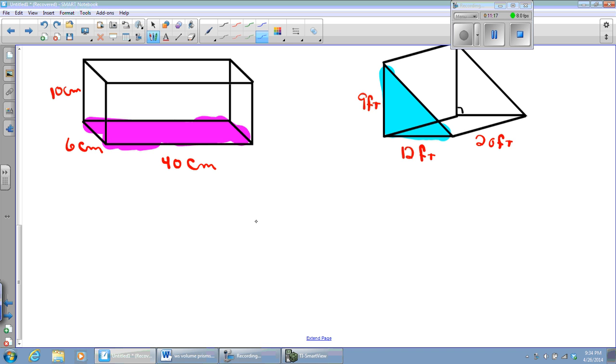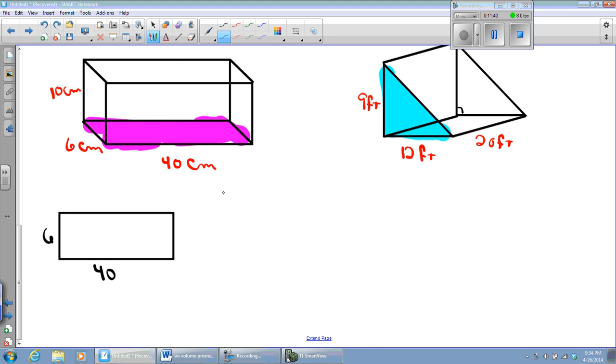Okay. Well, when I look at a rectangular prism, what I see is 6 rectangles. Well, to do surface area, one way I really like to do it is to draw out the shapes. So here's the bottom, and it's going to be 6 by 40, right?